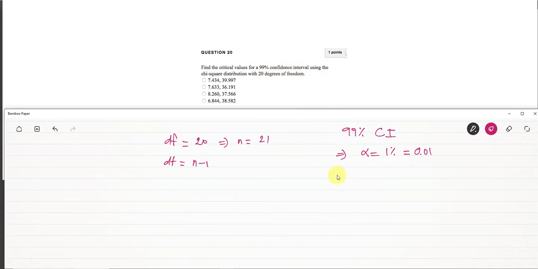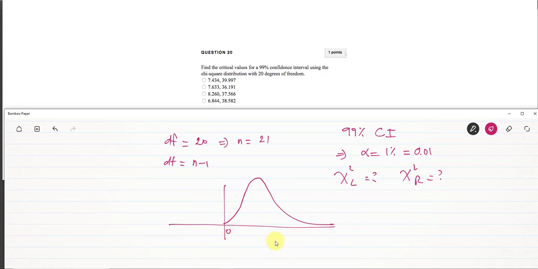And the critical value means they are looking for the chi-square of the left and the chi-square of the right. So how do I do that? Well, let's draw the figure of the chi-square. Again, the chi-square is not symmetric. We start from 0 and all the way to the right. 99%, so let me put the left side. This is chi-square of left, and this is chi-square of the right.